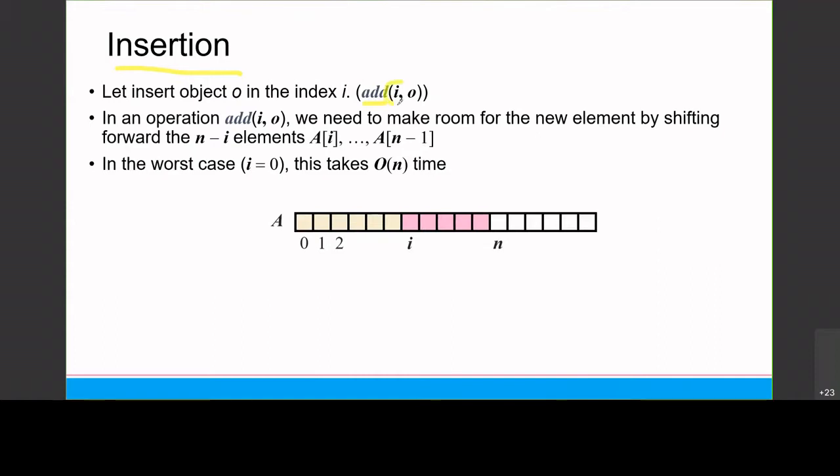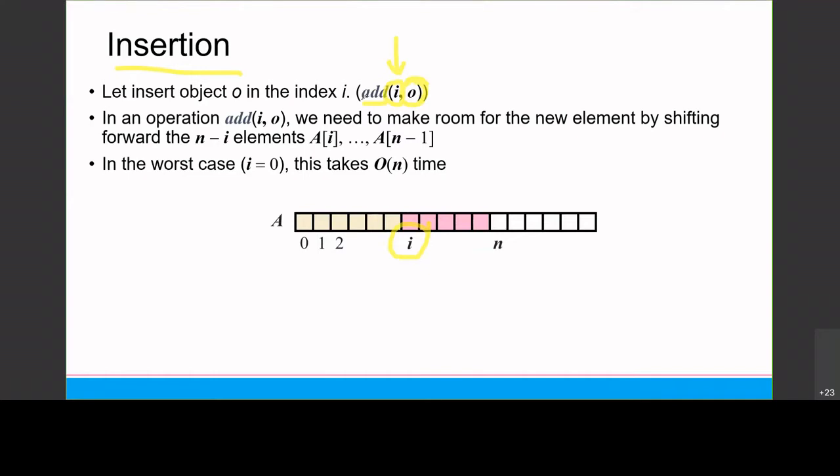And then I is the index, and O is the object. Okay. Just to remember, I means the index. O, it can be anything. If it is a primitive data type, then it can be a number, integer, float, or character. If it is an object, it can be your name, or it can be student ID. It can be an address, full of characters.